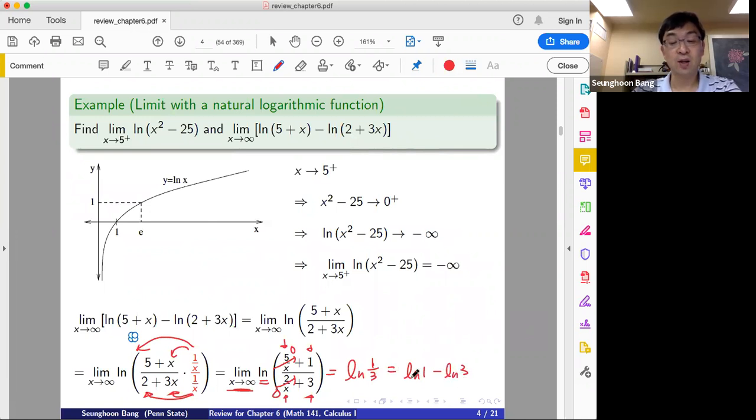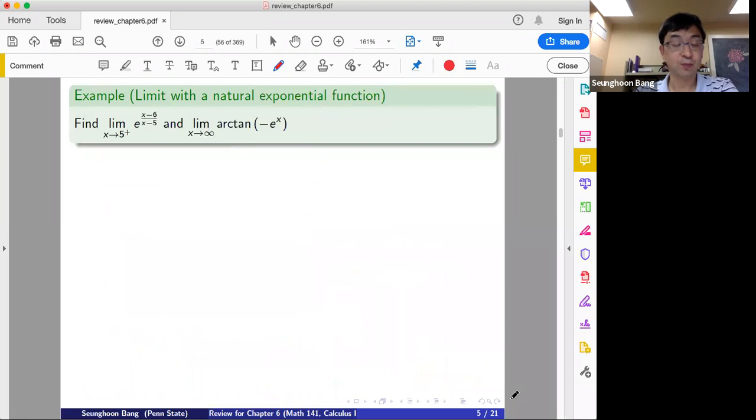Do you know ln of 1? Yes, ln of 1 is 0. The answer is negative ln of 3. That's the whole idea for solving the second problem.